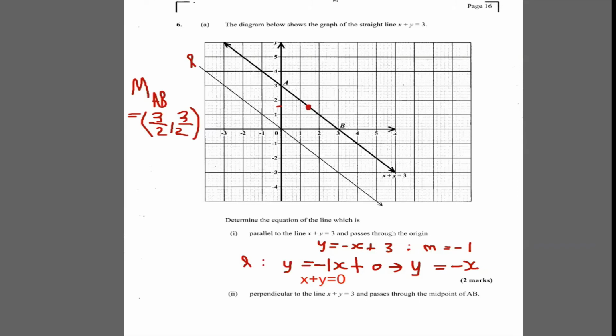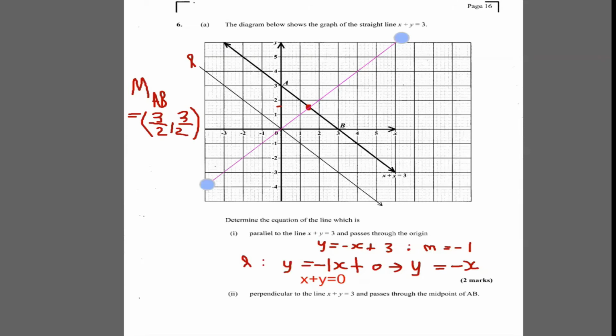And they want the equation of the perpendicular bisector passing through AB. The perpendicular bisector passing through AB will look like this. It must be perpendicular. That's how the perpendicular bisector will look.